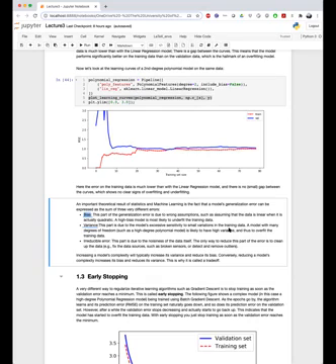How much the model varies means how much the coefficients of the model vary. When you perturb the data a little bit, how much do the coefficients change? That's the variance. For more complex models, if you change the data a little bit, your coefficients will change a lot.